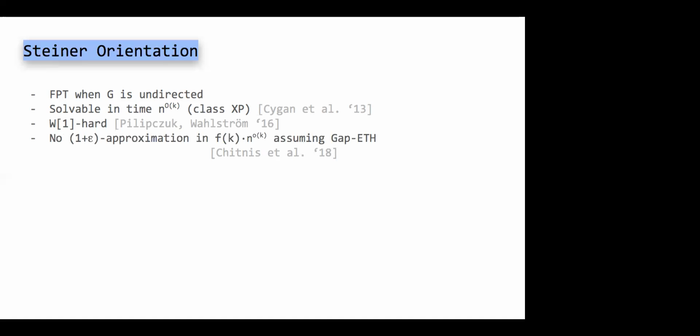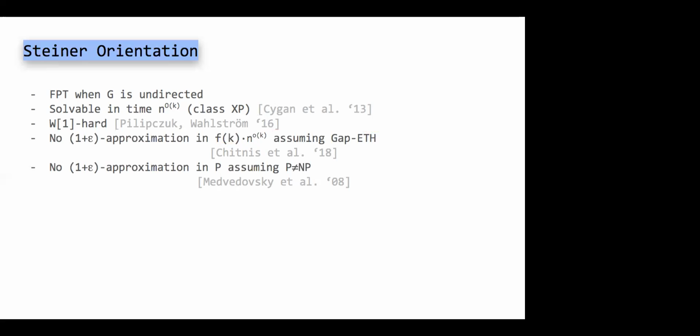It is also known that there is some epsilon such that we cannot 1 plus epsilon approximate this problem in FPT time, and even in such a running time, assuming the gap exponential time hypothesis.